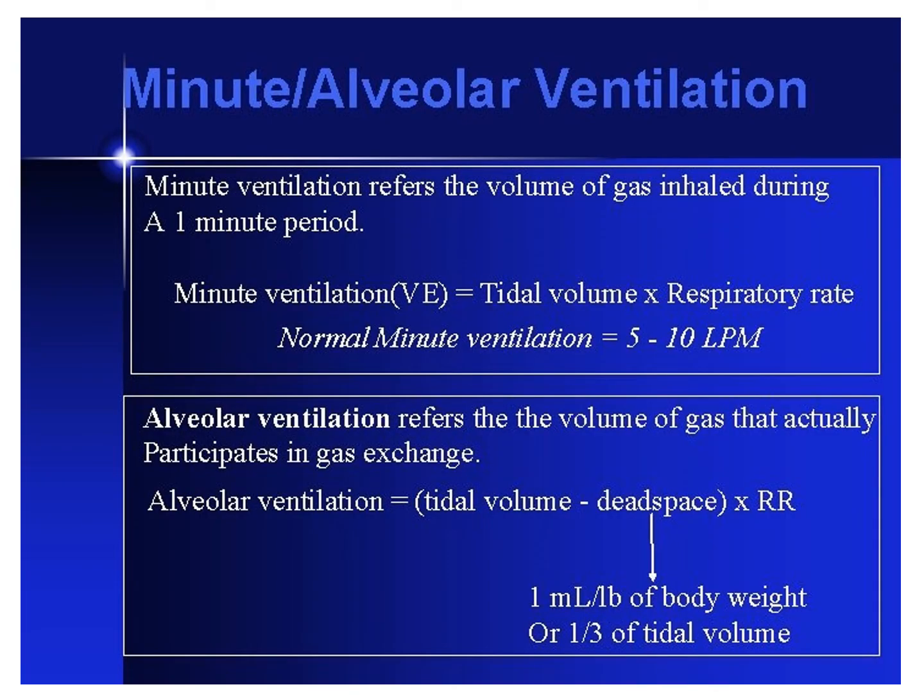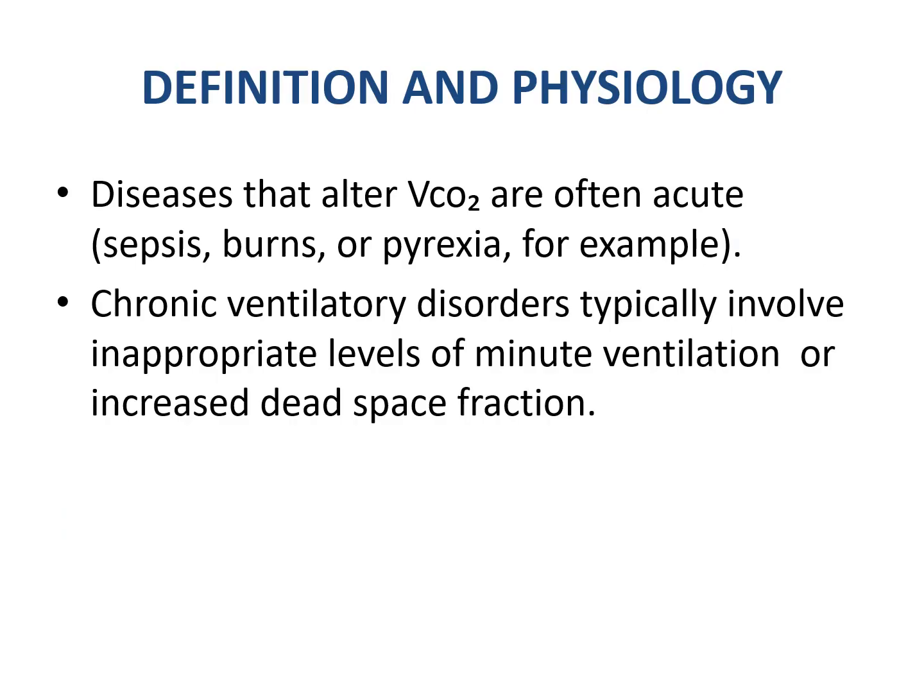Minute ventilation refers to the volume of gas inhaled during a 1 minute period. Minute ventilation VE equals tidal volume times respiratory rate, and normal minute ventilation is 5 to 10 liters per minute. Diseases that alter VCO2 are often acute, sepsis, burns, or hyperthermia, for example. Chronic ventilatory disorders typically involve inappropriate levels of minute ventilation or increased dead space fraction.